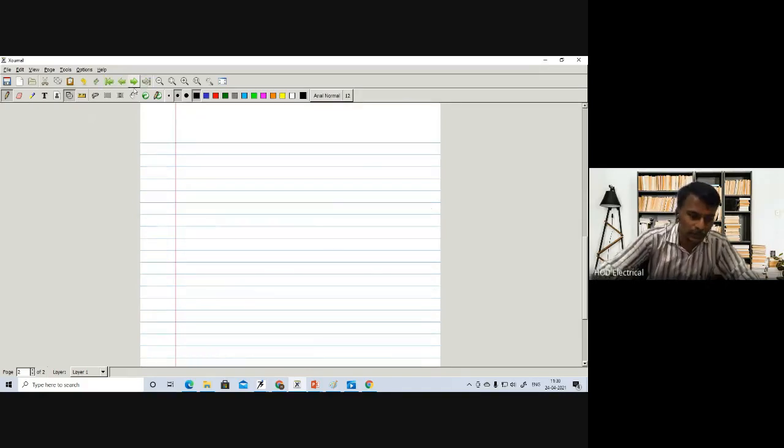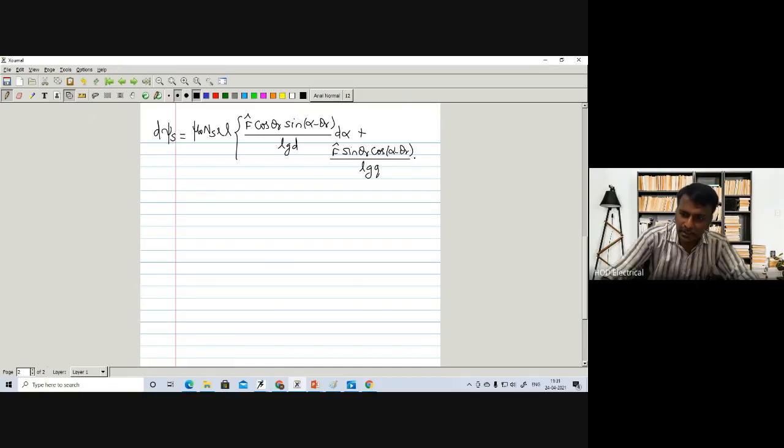Let me substitute here, so d psi s is equal to mu naught Ns R L into F cap cos theta R sine of alpha minus theta R divided by LGD d alpha, plus F cap sine theta R cos of alpha minus theta R divided by LGQ d alpha.